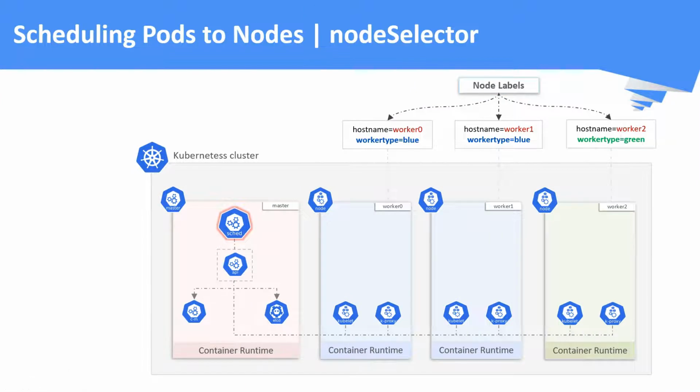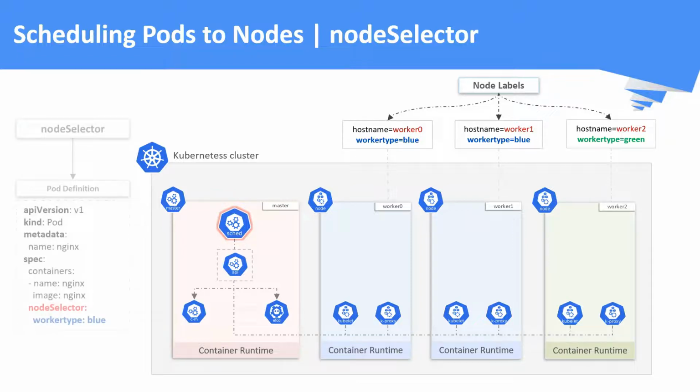The next method of scheduling the pods is using NodeSelector. NodeSelector is the simplest and recommended form of node selection constraint. In this method, you should add the NodeSelector field to your pod specification. Under this field, specify the node labels you want the target node to have.